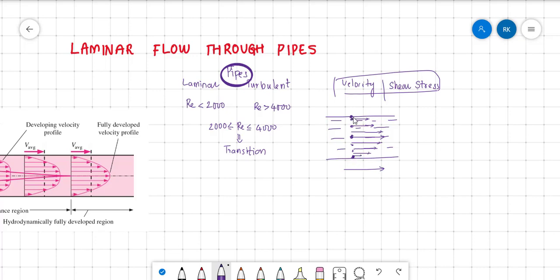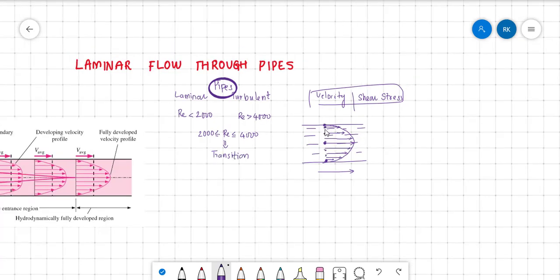If we join all these points, it looks like this. The velocity at the wall surface will be 0, and that is called the no slip condition. This is because the fluid particles are attached to the wall surface, as friction will be present.